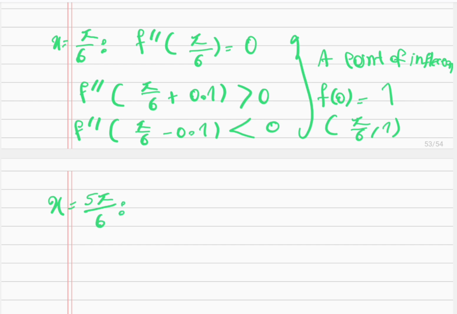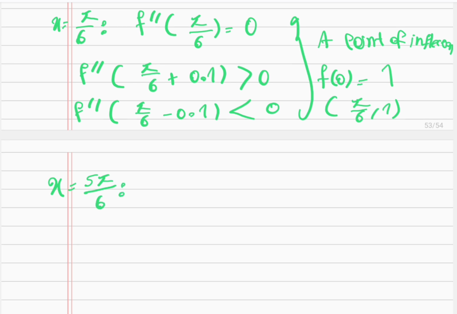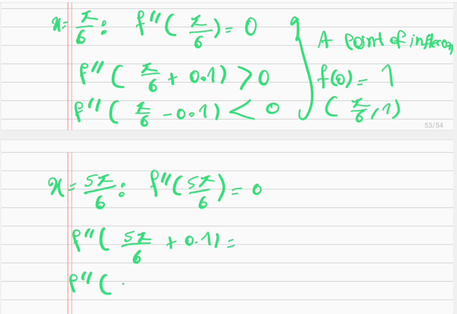Let's find out. So again, for the first step, we can check this all the time, but obviously this is going to be 0. The parts that are important are these. So the value of f double dash x just before and after this. So 5 pi over 6 minus 0.1.